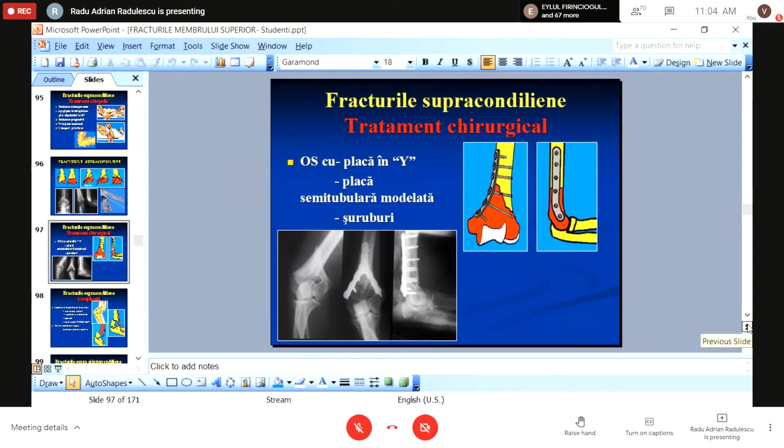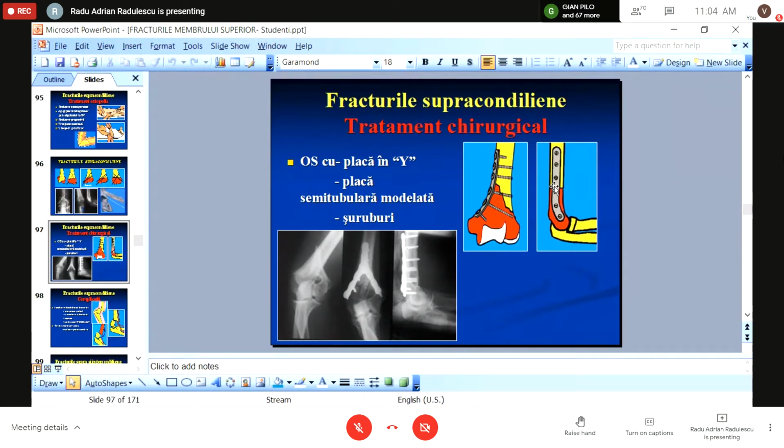If this reduction by external maneuvers is not possible, because it may happen like this also, then we need to go for an open reduction and a fixation by using a special plate which follows the shape of the bone, and that will be fixed to the fragments by using at least 3 screws in every fragment.